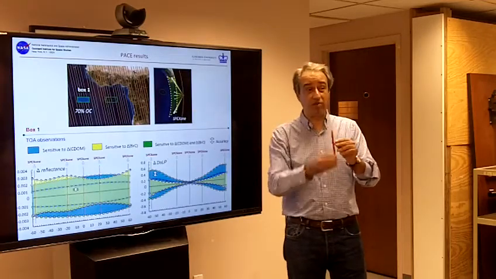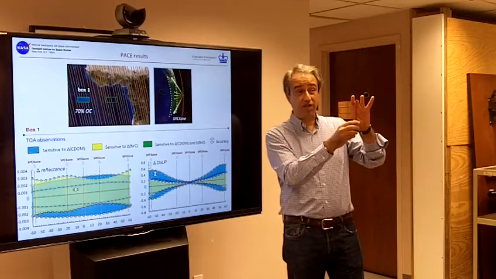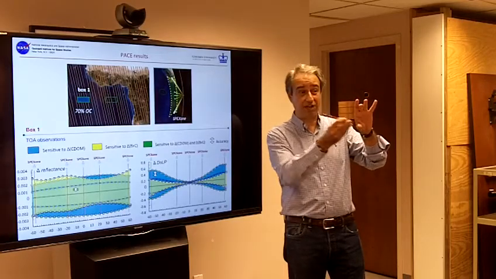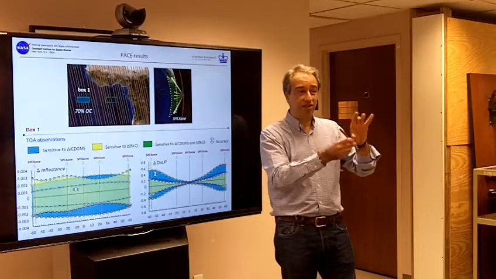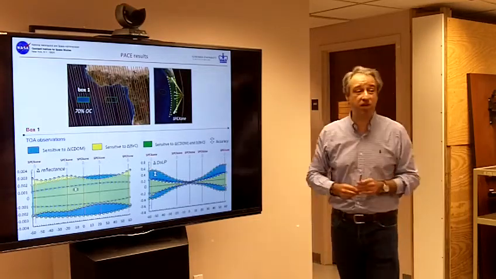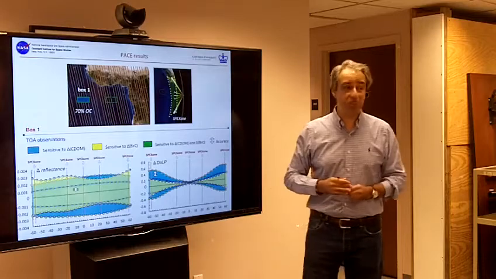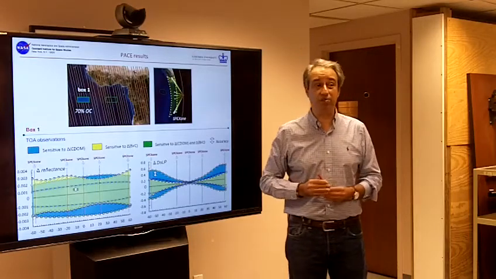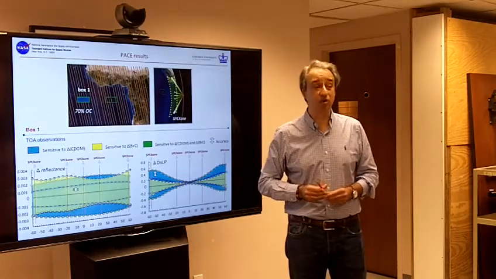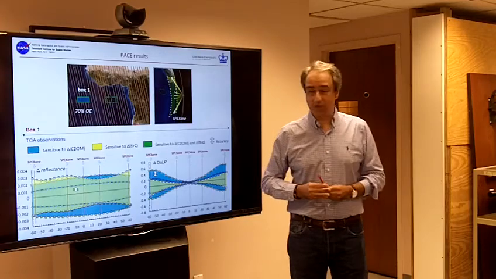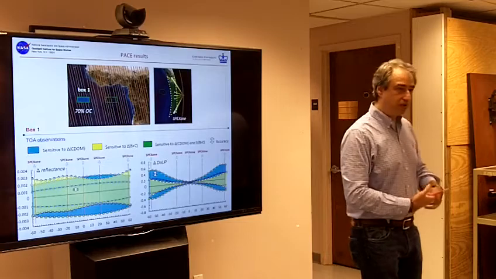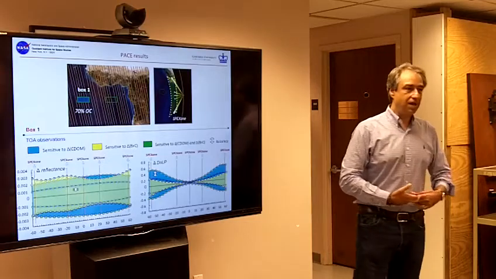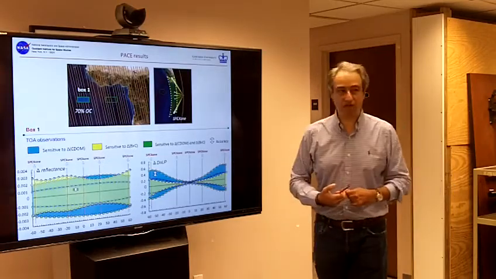If you're going straight up, it only goes through the thickness of the atmosphere. If you're going at a slanted angle, it is going through a much larger amount of air mass. And that means that brown carbon perturbations have a bigger impact because light is encountering brown carbon many more times. So at the larger viewing angles, you have less water leaving radiance and more impact of brown carbon.